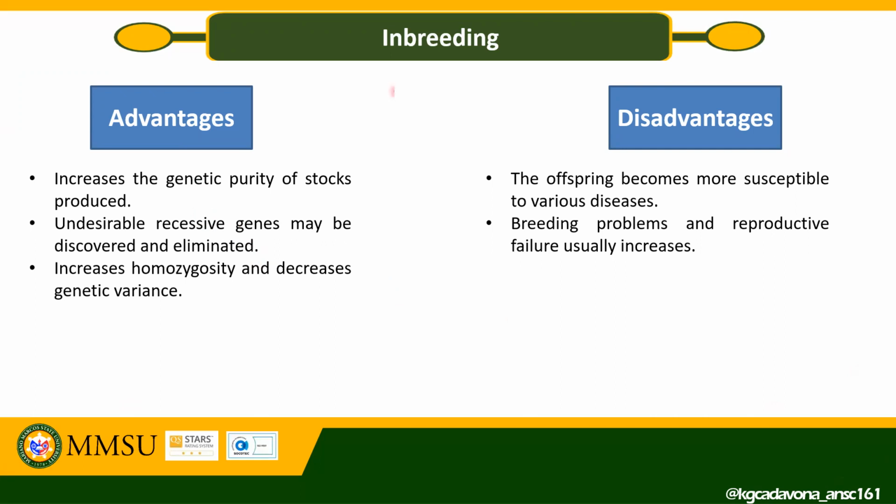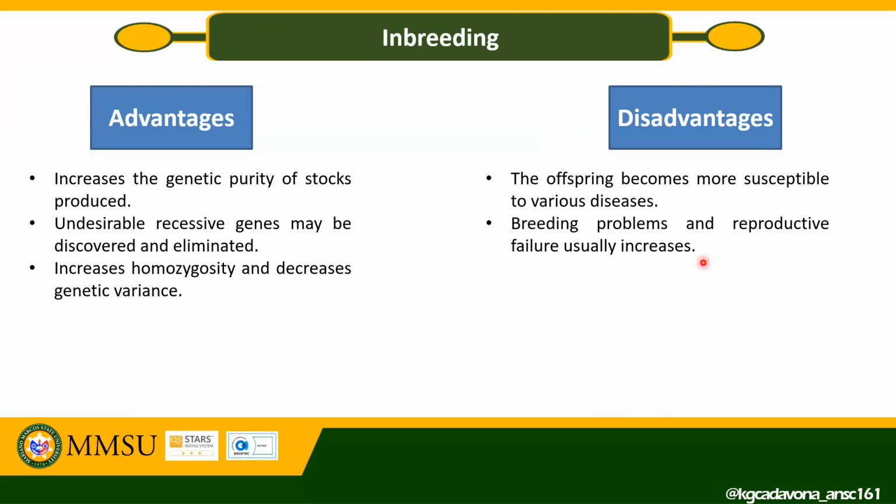Now for the disadvantages, here are the basic ones that we could encounter. First, the offspring become more susceptible to various diseases. For example, in piglets, through inbreeding there is a reduction in their strength and vigor. There can also be abortion.